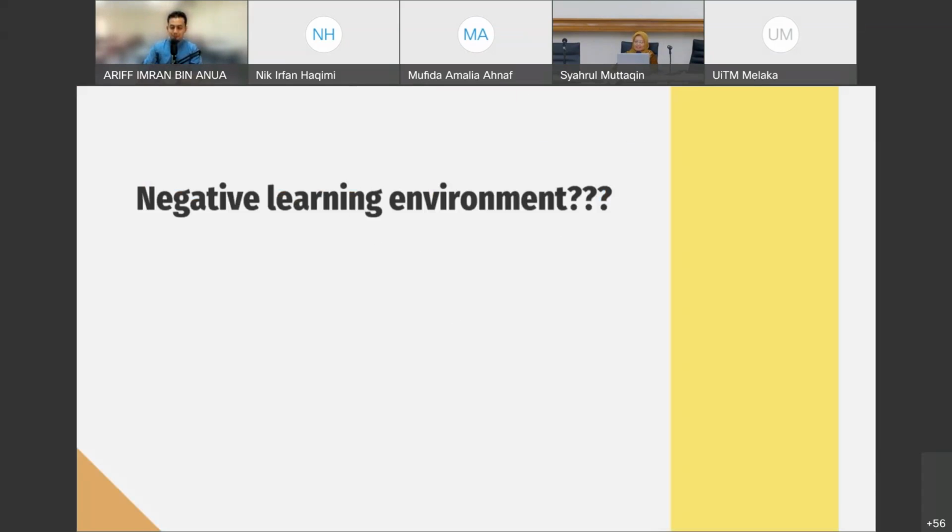Yeah, the teacher has set the learning objectives, but the process of teaching and learning seems to yield a negative learning environment. The students are afraid to do something, the students are irritated, and then they are sleeping in class, and they are asking permission to go to the toilet one by one.